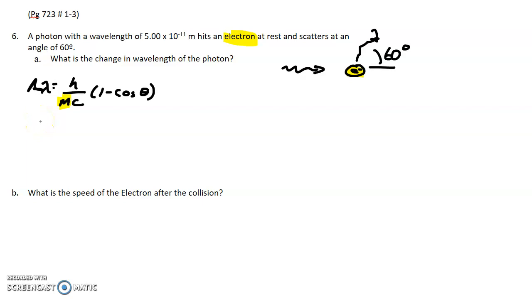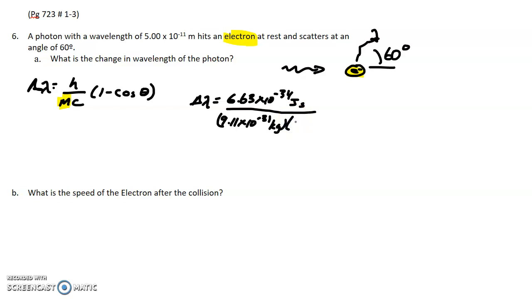We really have all the numbers here. The change in the wavelength is equal to h. We're going to use 6.63 times 10 to the negative 34 joule seconds, because we've got other standard units that we're using, such as 9.11 times 10 to the negative 31 kilograms, which is the mass of that electron.